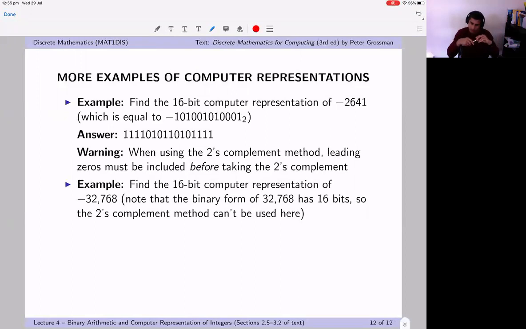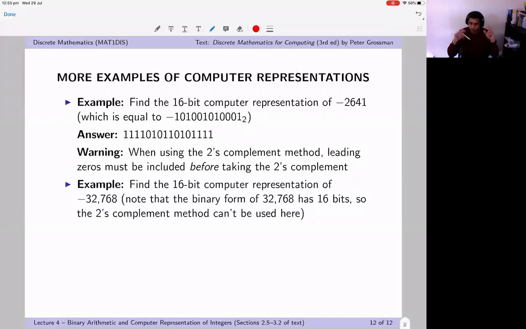Now, find the 16-bit computer representation of negative 32,768. Now, this is a sort of trick question for you.